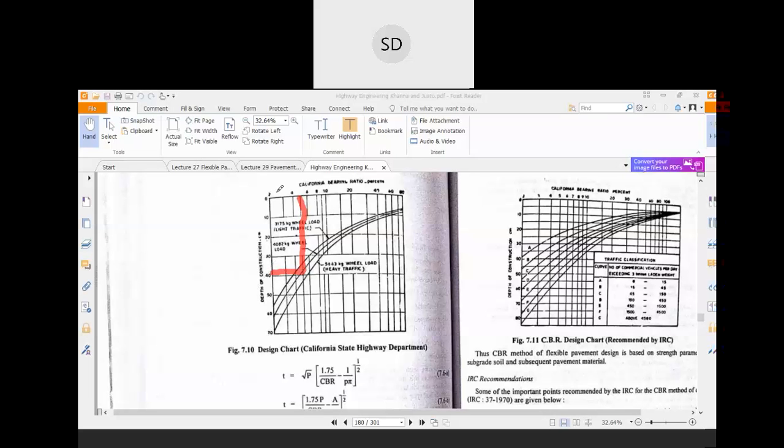Here 0 starts from here, so 0, 10, 20, 30, and it is around 38. So your total thickness of the pavement would be 38 centimeter. Is it clear?